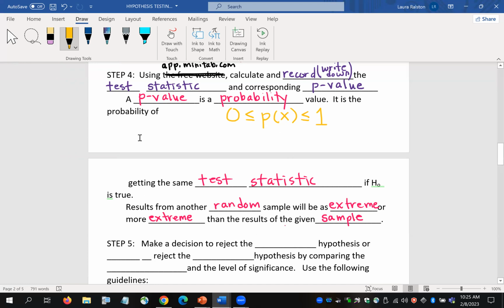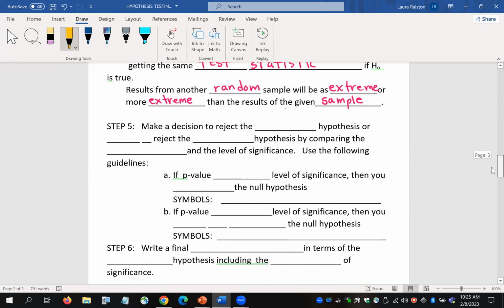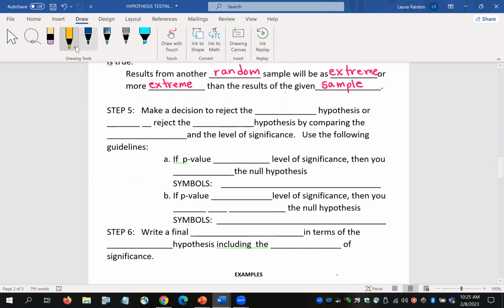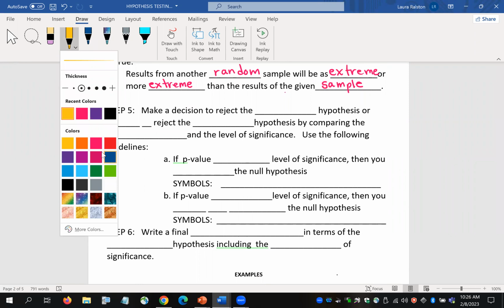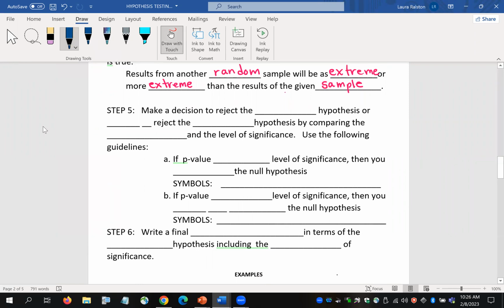So we gather our evidence, we present it to the jury, then the jury goes out to deliberate, to think about whether they believe the person is guilty or not guilty. So that is step 5.